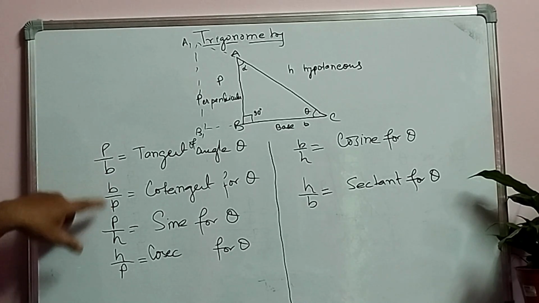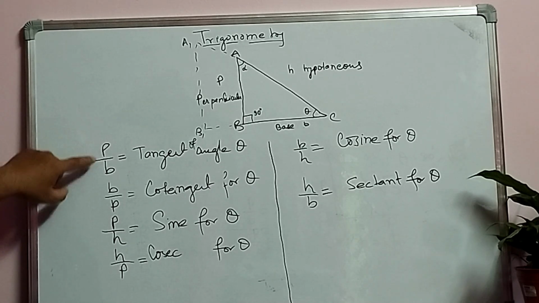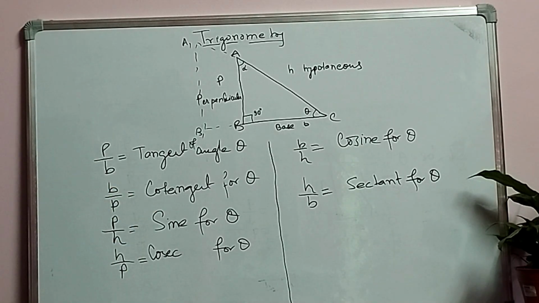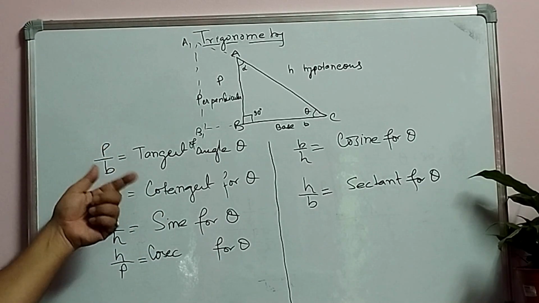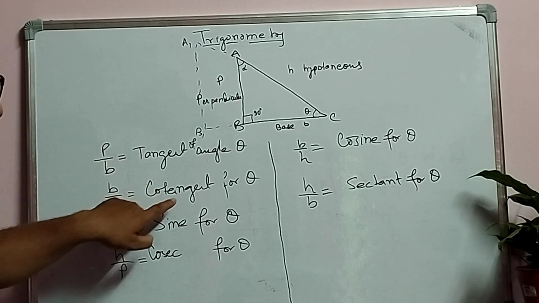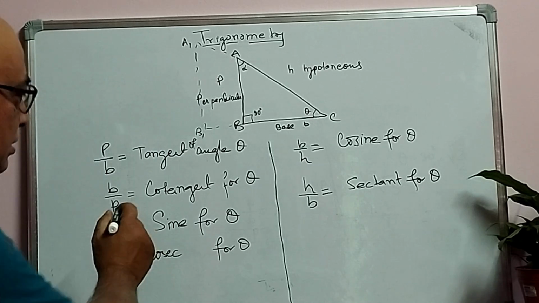Sides are inverted in these two: P by B, whereas here B by P. So cotangent is the reciprocal of tangent, and conversely tangent is the reciprocal of cotangent.